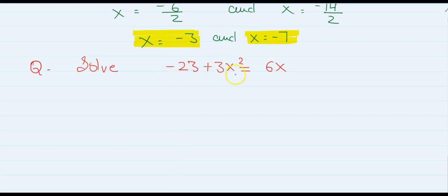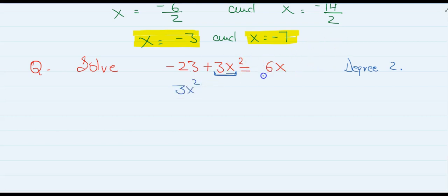Now we have to solve this quadratic equation. This is a quadratic equation. Reason is the highest power of x is 2, or we call it degree. Degree of this equation is 2. Now this is not a standard form, so it is good if we write it in the standard form. So first is the term of x square, so that is 3x square.